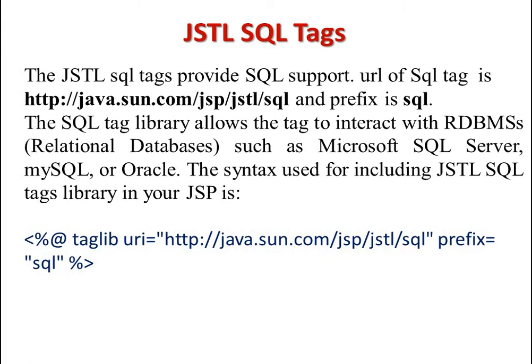The SQL tag library requires the tag to interact with the DBMS, such as Microsoft SQL Server, MySQL, or Oracle. So whenever we make the connection, we require the database connection tags. So this will support the connection tags for Java database connectivity.